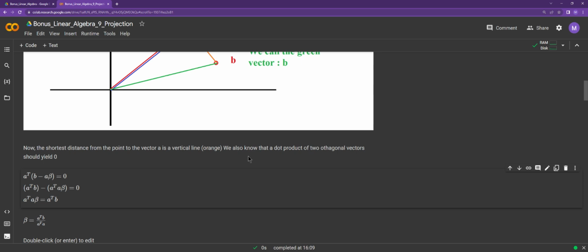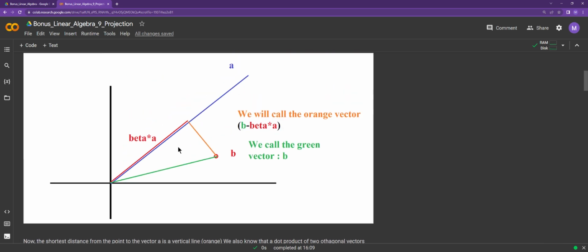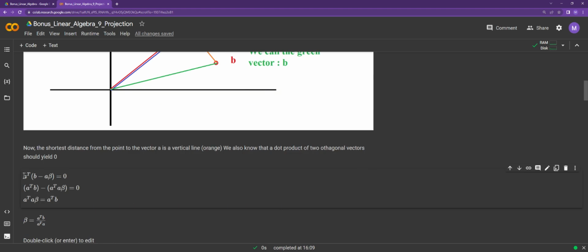So the orange line, we know that the dot product of two orthogonal vectors should yield 0, okay? Because the orange vector is vertical to vector A, the blue one, okay? Think of it like that. So vector orange, which we said was B minus beta A, is orthogonal to vector A. So if we had a dot product between these two, we would get 0.